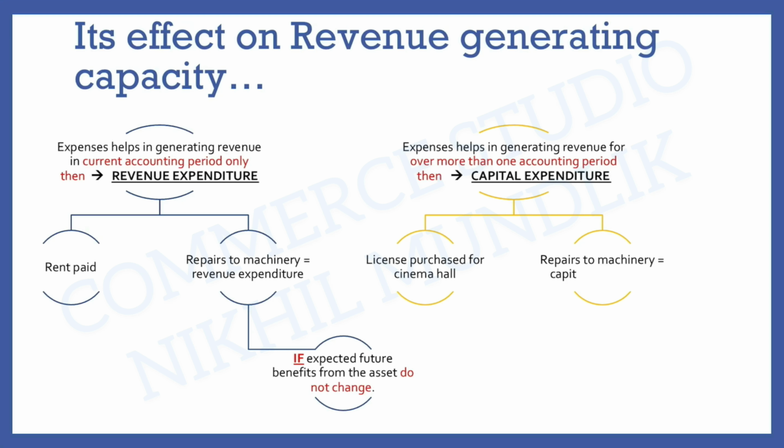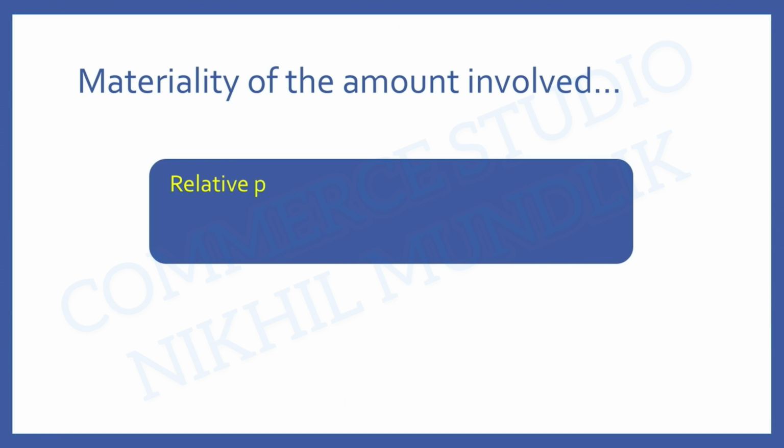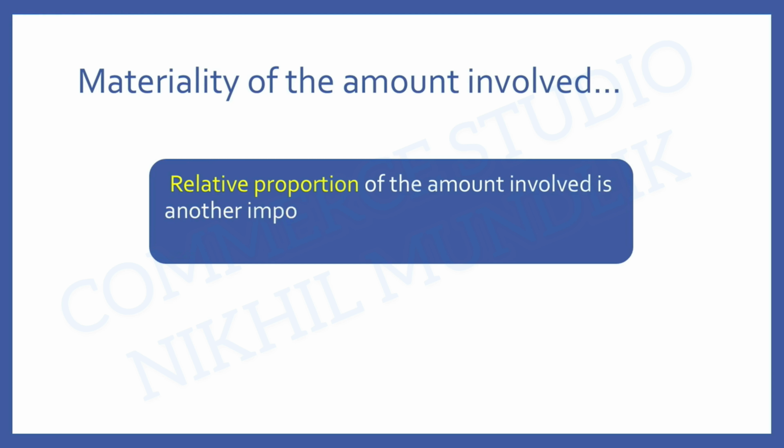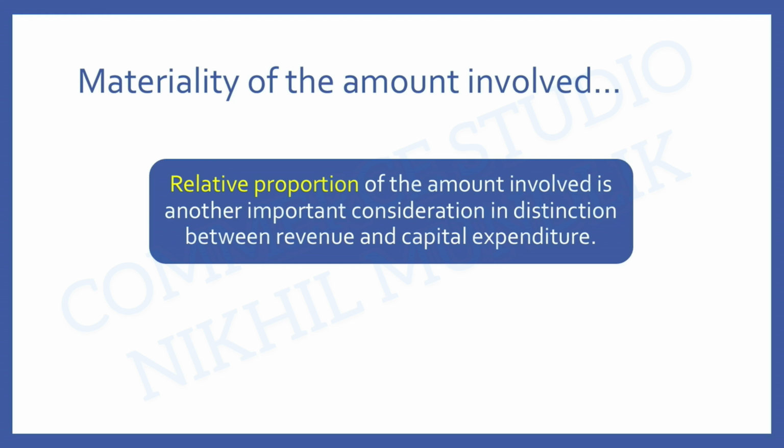Another example, again let's say repairs are done to machinery, but this time it is going to change the estimated benefits to be received from the machinery due to this repair, then here it will be a capital expenditure, because it is increasing the productive capacity of the machinery. The next point, number 5, is materiality of the amount involved. The relative proportion of the amount involved is another important consideration in distinction between revenue and capital expenditure.